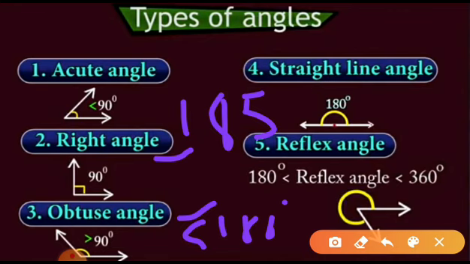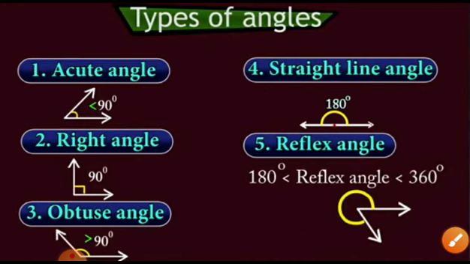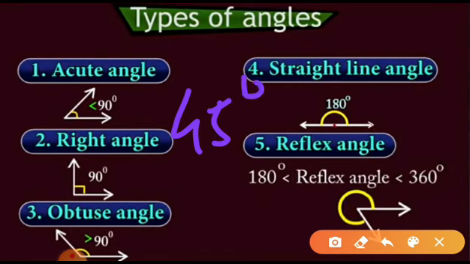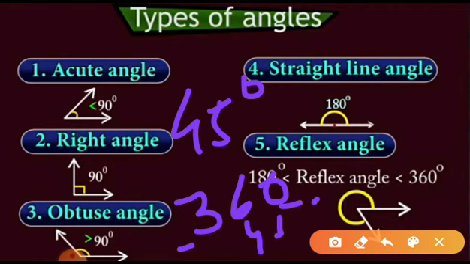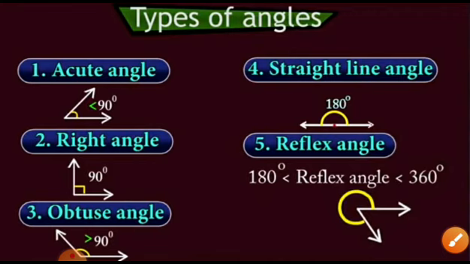We can always calculate a reflex angle. Suppose I want to find the reflex angle of 45 degrees. Just subtract 45 from 360. So 360 minus 45 is 315. So 315 will be the reflex of your 45 degrees. Is that clear?